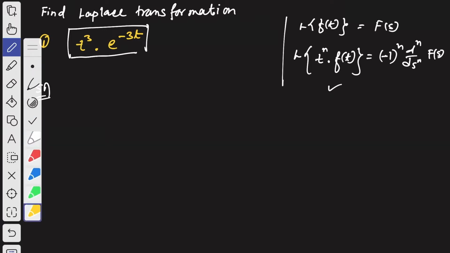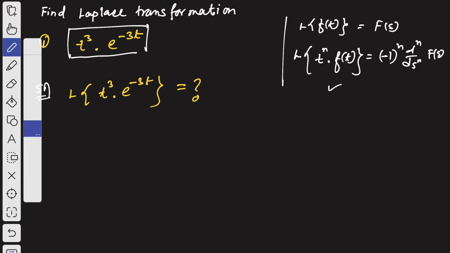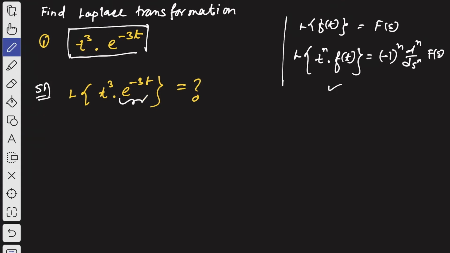Here we are to find the Laplace transformation of t to the power 3 e to the power minus 3t. First we are going to consider e to the power minus 3t as f of t. So the Laplace transformation of f of t, in this case e to the power minus 3t, is going to be 1 by s plus 3, if you remember the formula. This is our capital F of s.